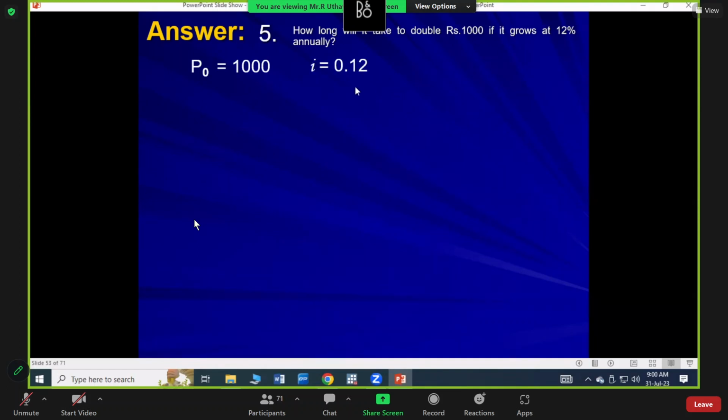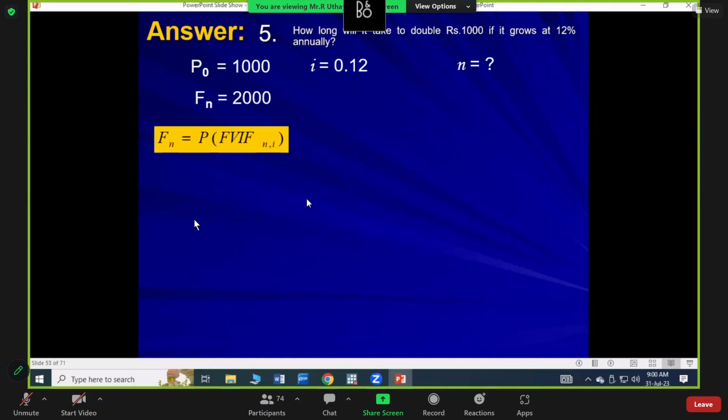You follow the steps as I project here. Take them down in your exercise book. P0 is identified as 1000. I is 12%. N you should find. Then one more thing, that is Fn: you should have 2000, double the money.